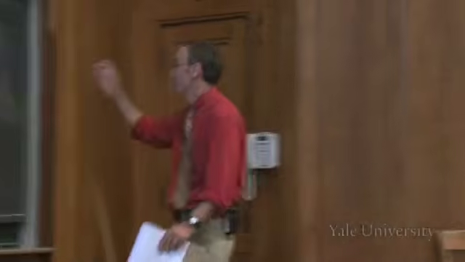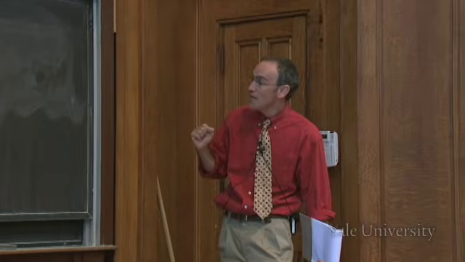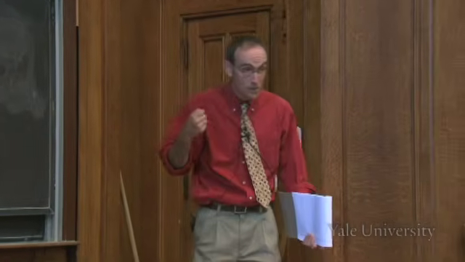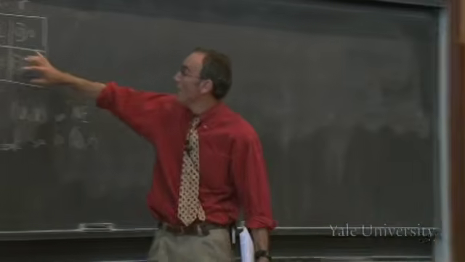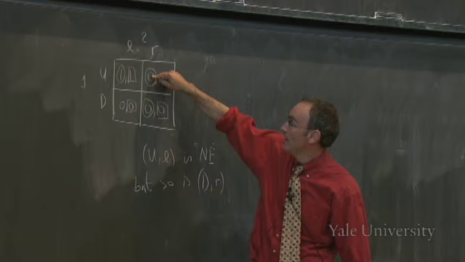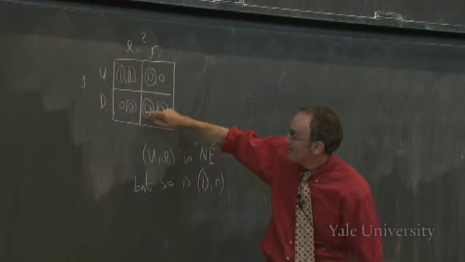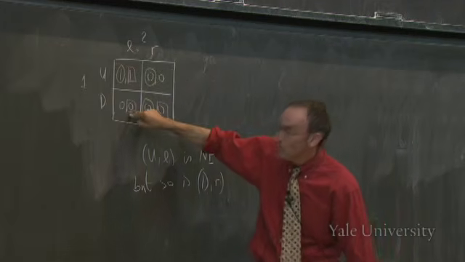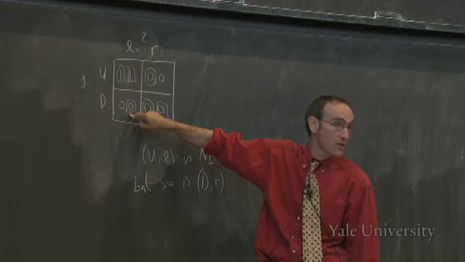It's a very definite definition. When we looked at the definition, we said something is a Nash equilibrium if each person is playing a best response to each other. Another way of saying that is no player has a strict incentive to deviate. No player can do strictly better by moving away. So here at down right, player 1 doesn't do strictly better, it's just a tie if she moves away. And player 2 doesn't do strictly better if he moves away, it's a tie, he gets 0 either way.